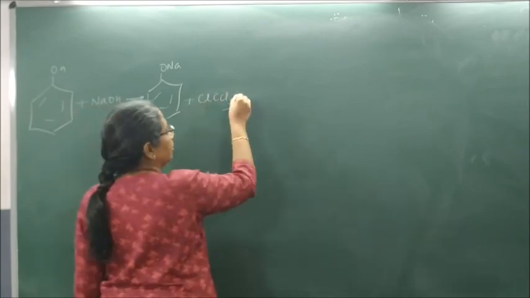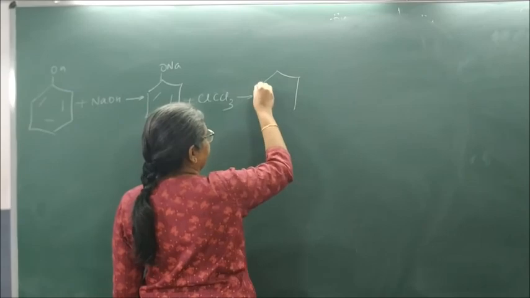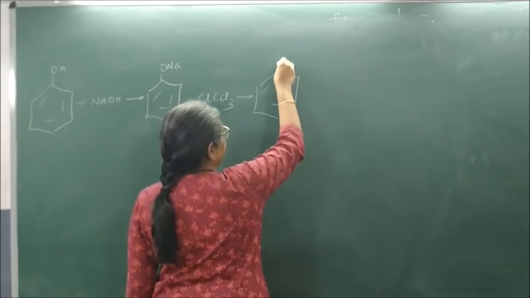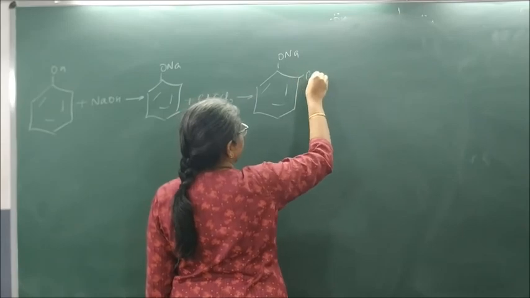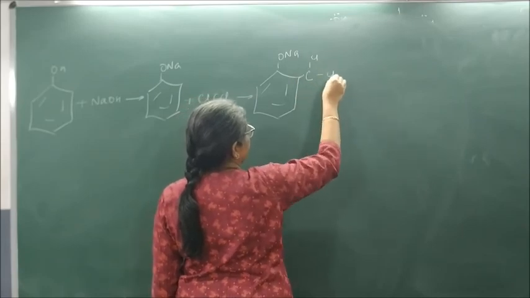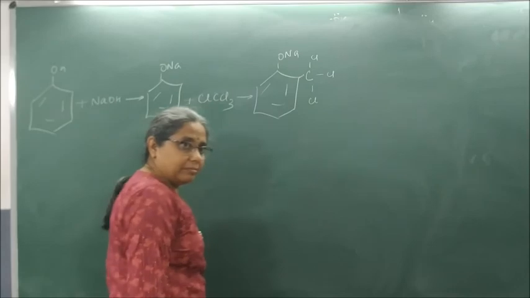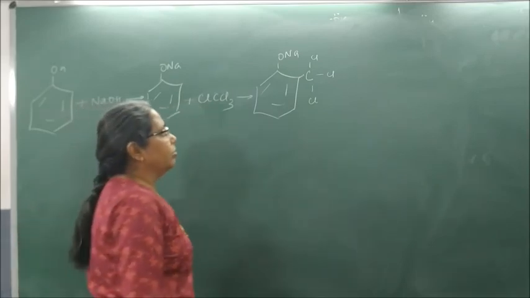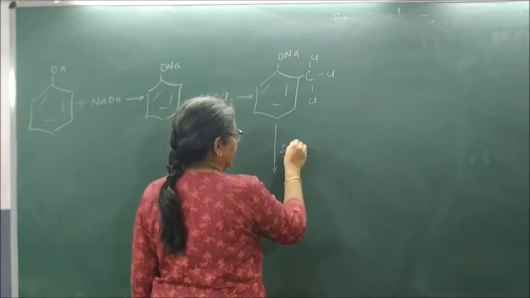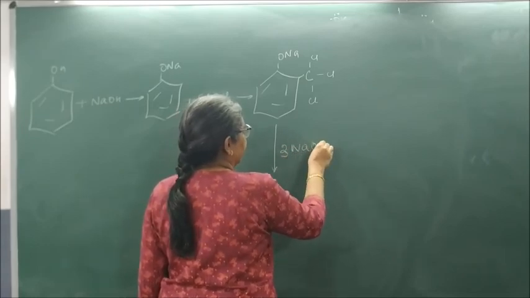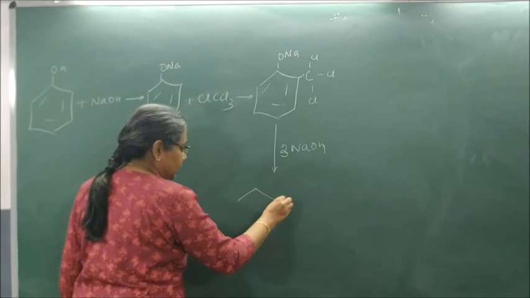So I will get what compound? I will get a compound C6H5ONa and CCl3. Correct here? Now this, when it is treated with how many NaOH? 3 NaOH.